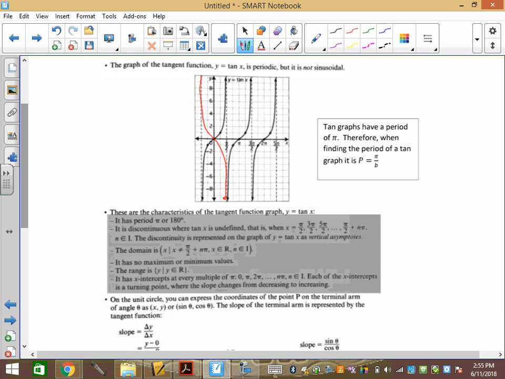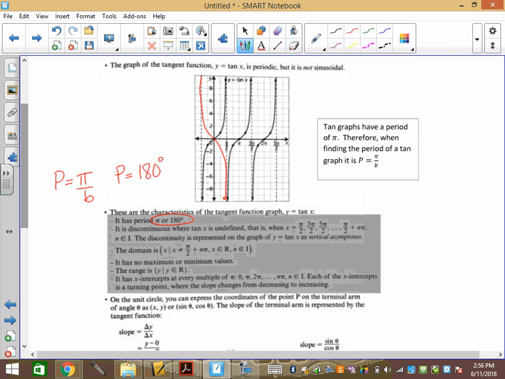So tan graphs, unlike sine graphs and cos graphs, repeat themselves every pi unless they're stretched horizontally. Correct? So every 360 or every 2 pi, sine and cos graphs repeat themselves. Tan graphs have a period of pi or 180. Big difference. So the period equals pi divided by b, or the period equals 180 divided by b.